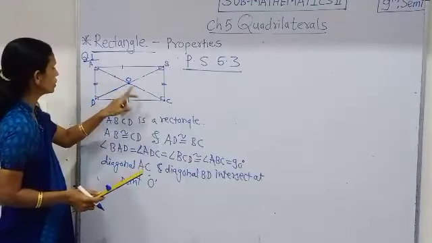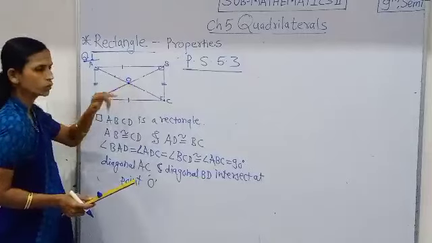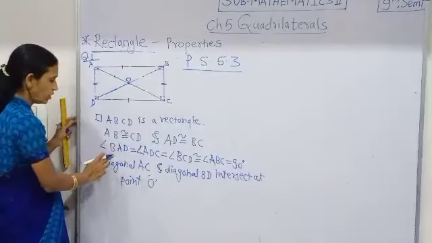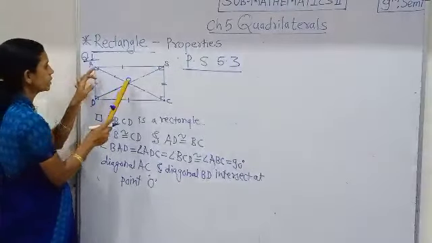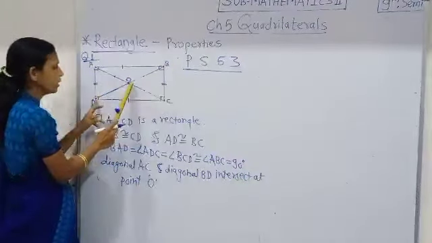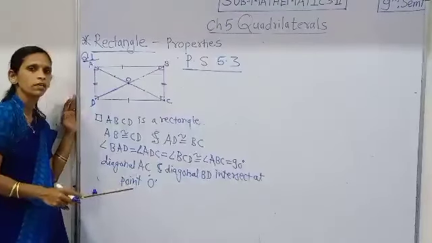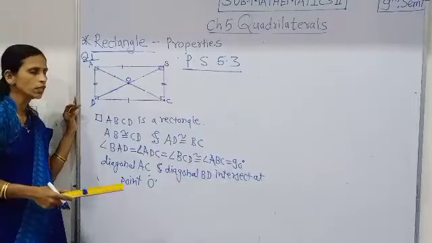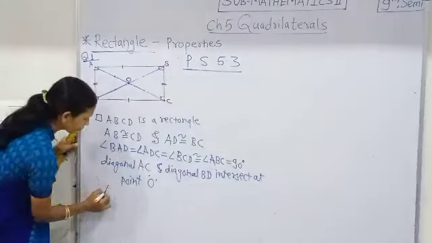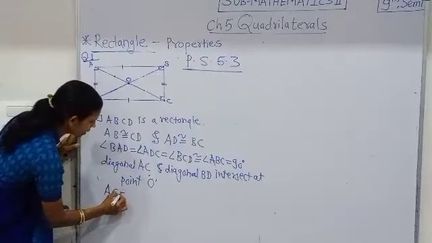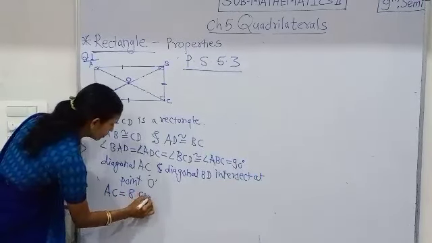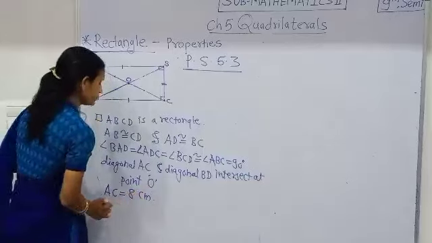See, the diagonals intersect at point O, and here we have to find the lengths OA, OB, OC and OD. The length of AC is given: AC is equal to 8 centimeter.